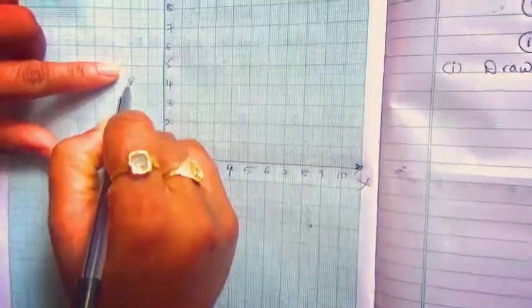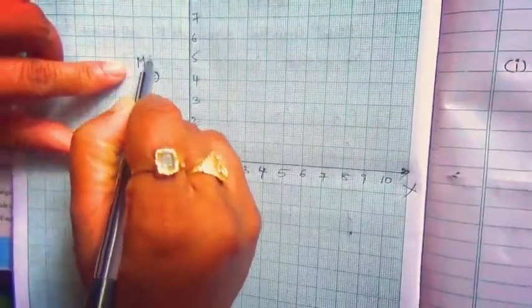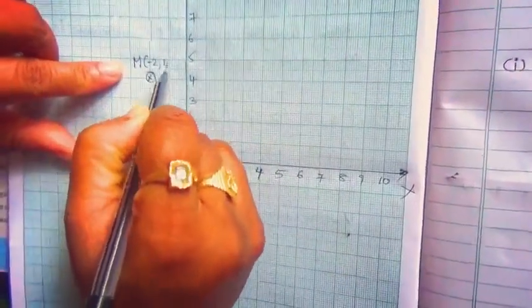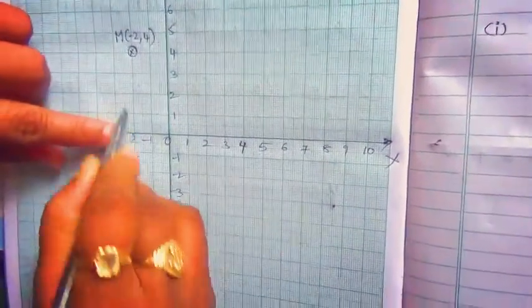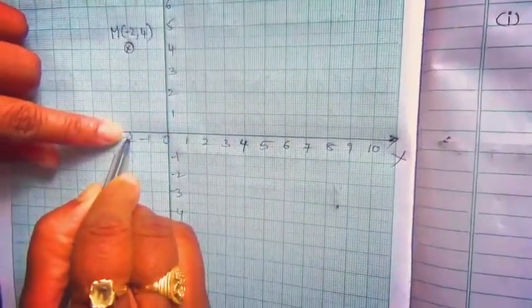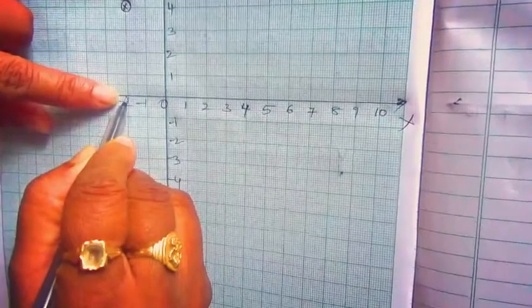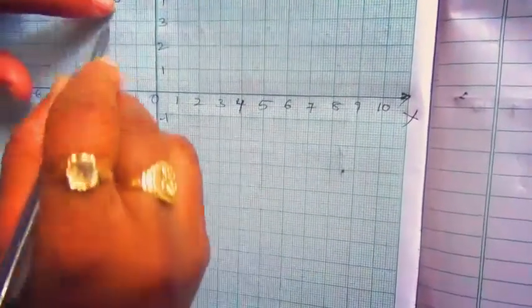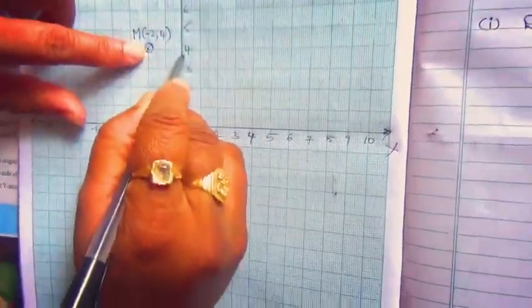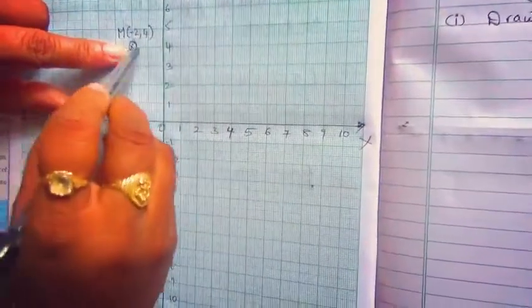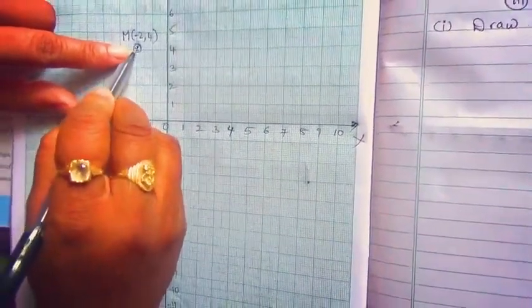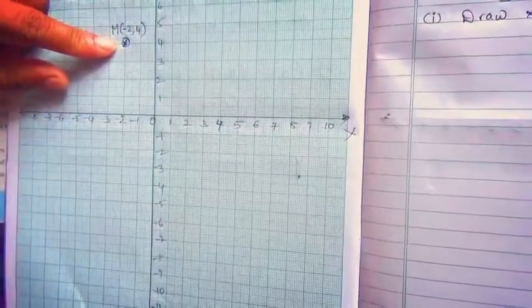Here it is the point M (-2, 4). -2 we have to observe on the x-axis, and 4, that is the y coordinate, we have to observe on the y-axis. Here it is the point M. How do we locate this point? So we have to write it in the second quadrant.